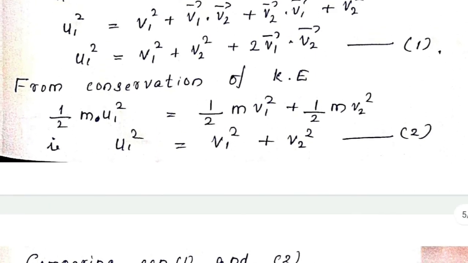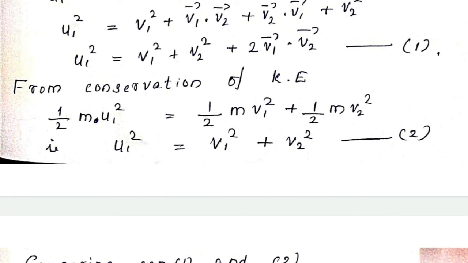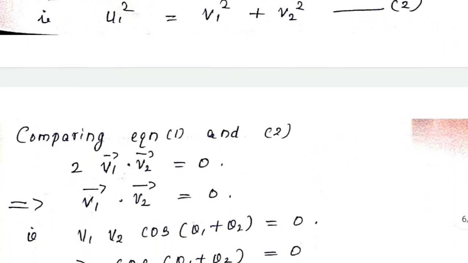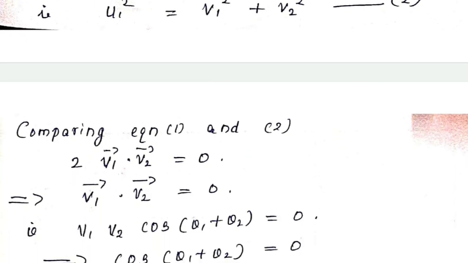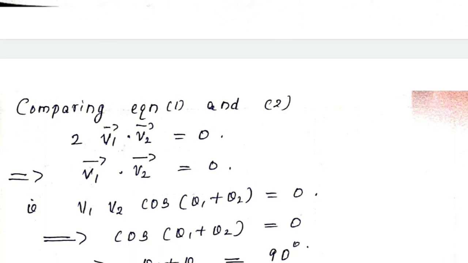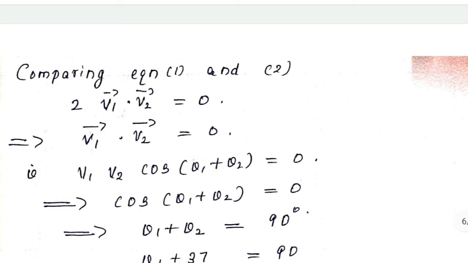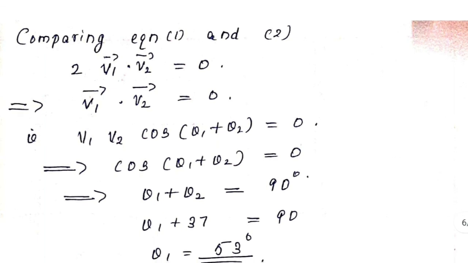Now when we compare equations 1 and 2, their left hand sides are the same, that is u1 square. On the right hand sides, two terms are the same, that is v1 square plus v2 square. So for the two equations to be correct, the only possibility is that 2 v1 dot v2 should be equal to 0. Then only the two equations will be satisfied. That means 2 into v1 dot v2 equals 0. 2 will not be equal to 0, so the only possibility is v1 dot v2 equals 0.